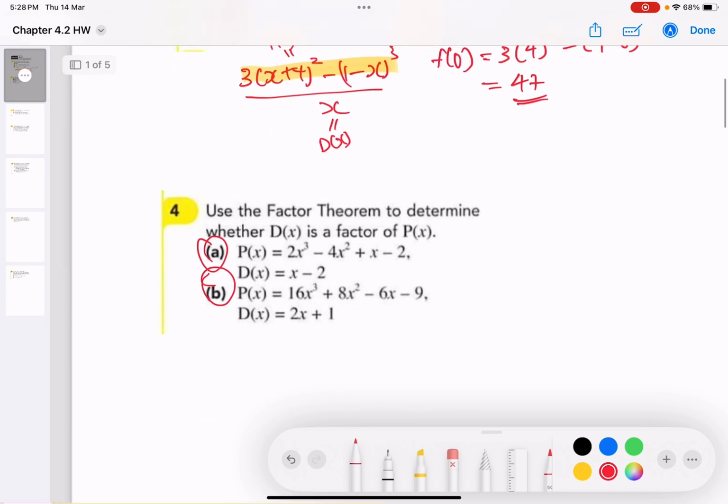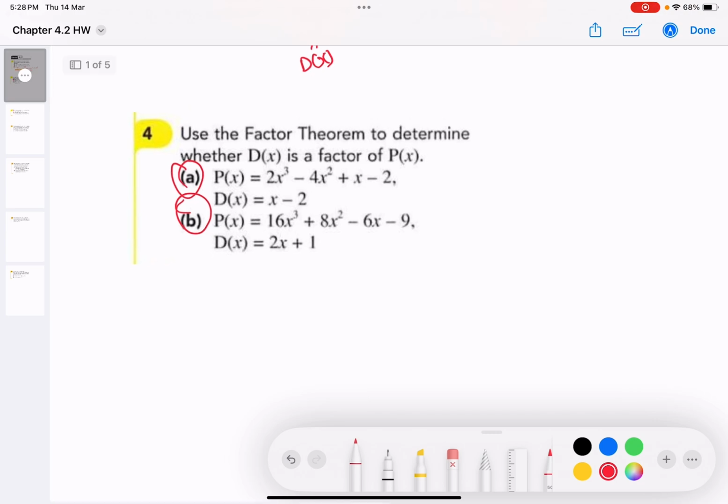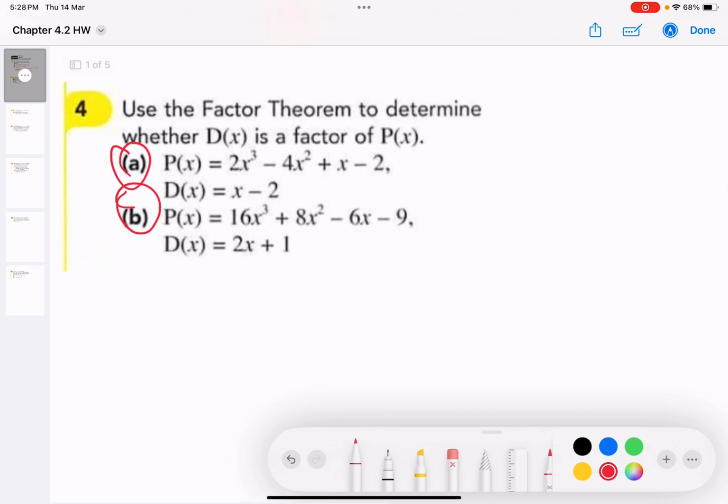Question number 4. Use the factor theorem to determine whether d(x) is a factor of p(x). What does the factor theorem tell us? The factor theorem is basically a derivative of the remainder theorem. If you substitute a particular value into the polynomial and it is equal to 0, then we know that it is a factor.